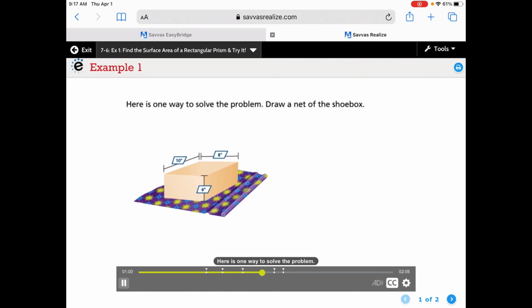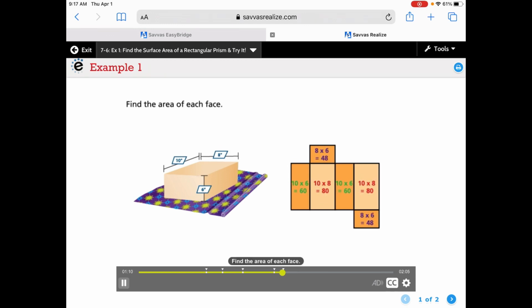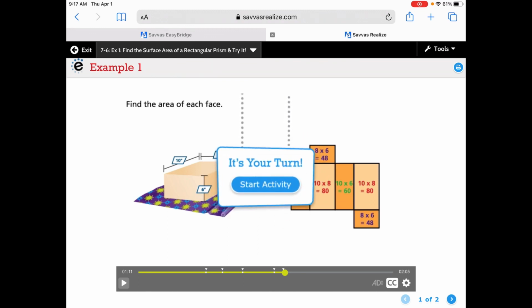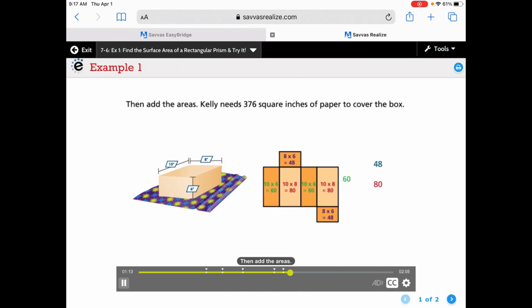Here is one way to solve the problem. Draw a net of the shoebox. Find the area of each face. Now, we may not always have the option to do that, so with this formula, which I will provide a sheet for you, you could do this. Then add the areas.